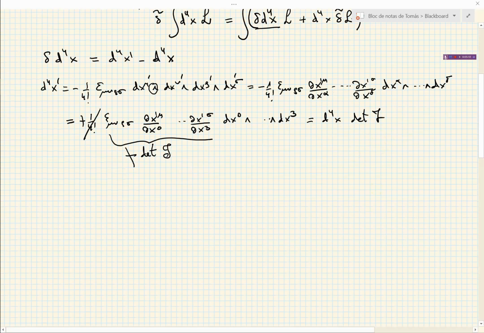Okay, so for these infinitesimal transformations that I wrote above, the determinant of J is the determinant of delta^mu_nu plus the derivative with respect to nu of delta x^mu.